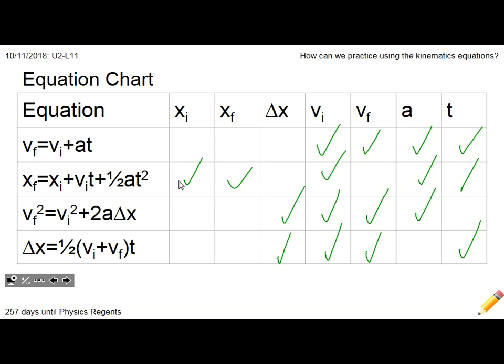So again, depending on what you have and what you want, that's how you decide which equation you're going to use. Remember, change in X would be X final minus X initial. So that's where that comes from.